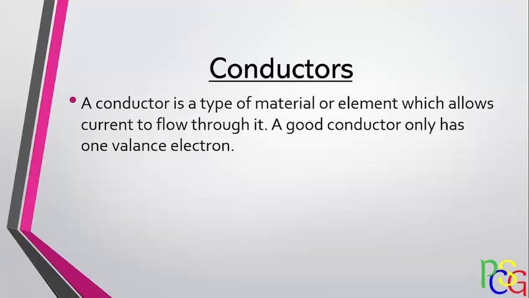So that's why a good conductor only has one valence electron. Now what that means, I'm not sure how many of you would have done some chemistry or understand how the atom is made up. The atom is made up of a nucleus and protons, electrons, and each atom has shells, and each shell would contain electrons or something called holes.